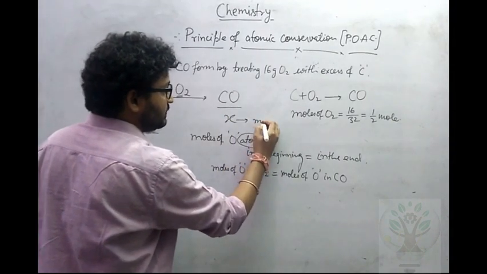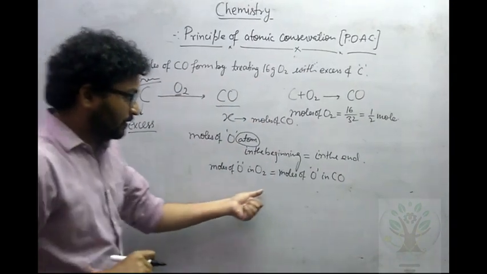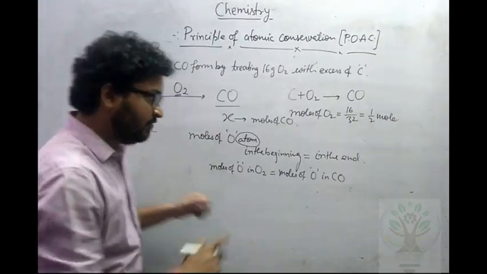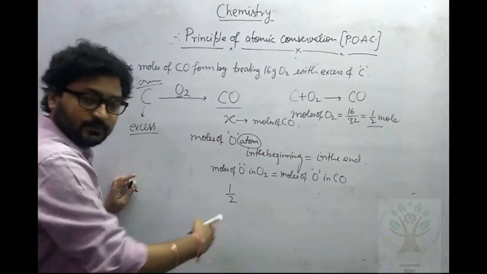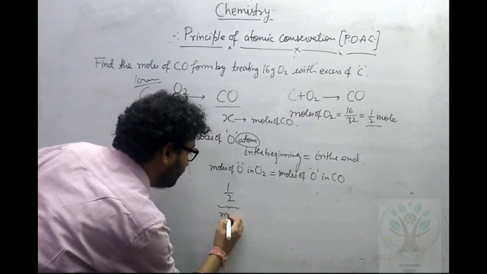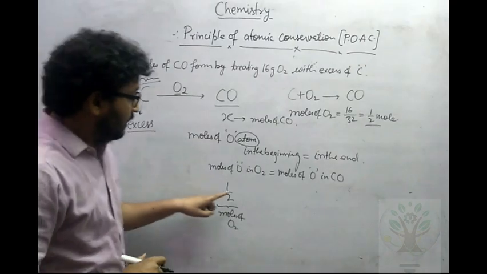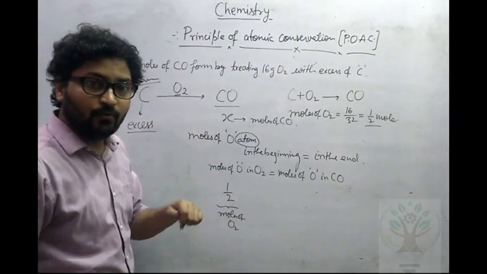Now, let's assume the moles of CO formed are X. What is X? X is moles of CO. Now, see, I am going to write here moles of O. How many moles of O2 I have? I have half moles of O2. This is written, moles of O2. Now, am I conserving moles of O or moles of O2?